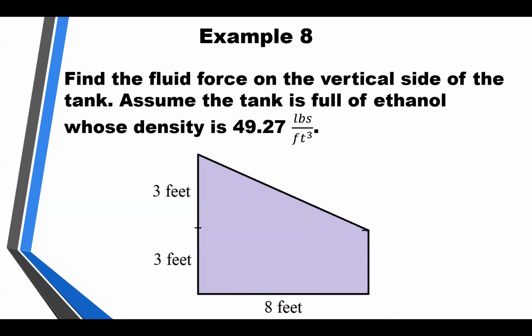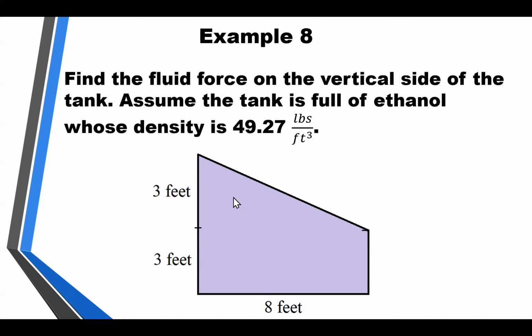Let's look at another example. So here we have a weird shaped figure. This polygon, the left-hand side of this polygon is a total of 6 feet. The bottom of this polygon is 8 feet. The right-hand side, this is supposed to be 3 feet. It's supposed to match up over there. And then the top of it is this diagonal line. So let's say this is the tank and it's full of ethanol.